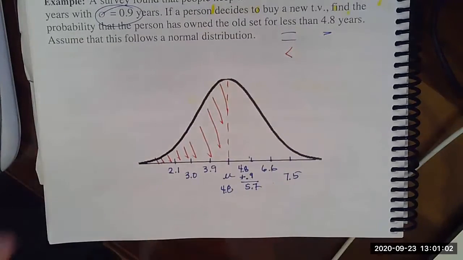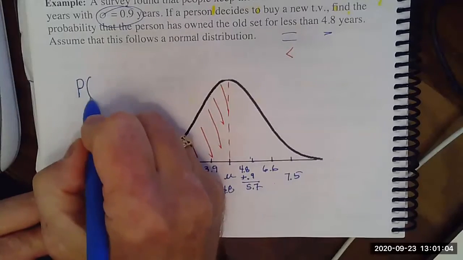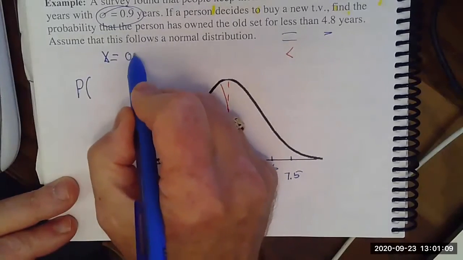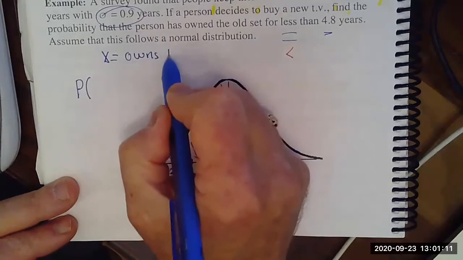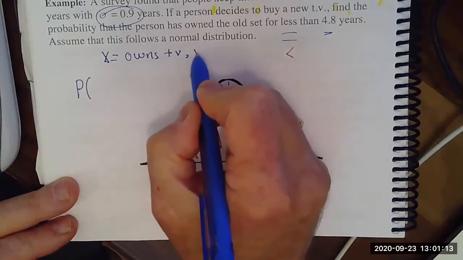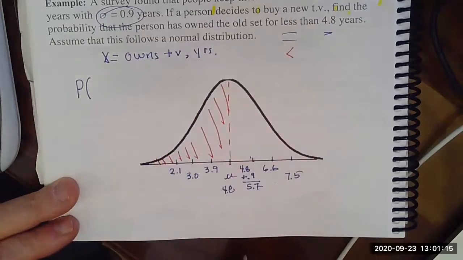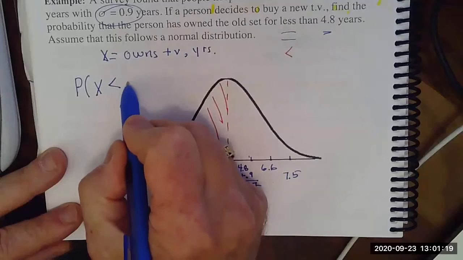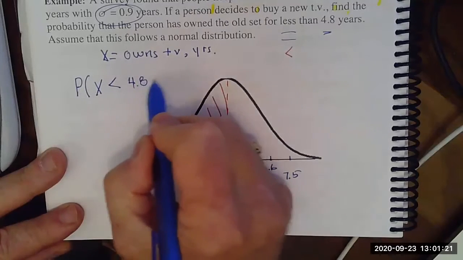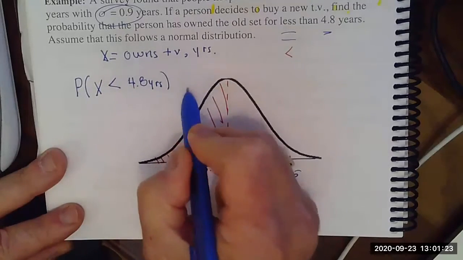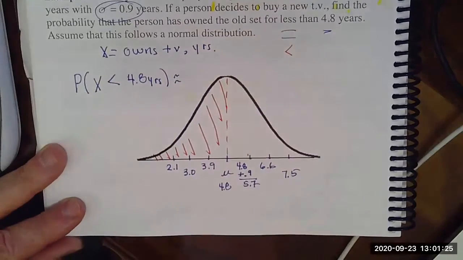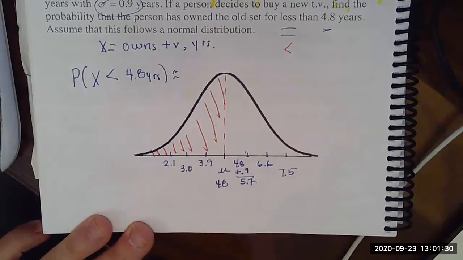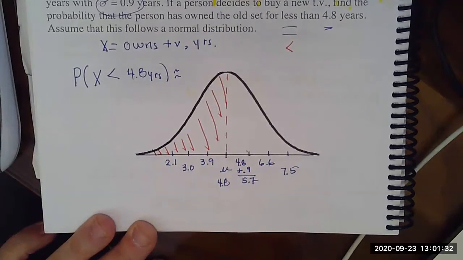So then what you say is, what's the probability that X, the years someone owns their TV, is less than 4.8 years? Squiggle, squiggle. Well, it's 50% based on the results that we had.